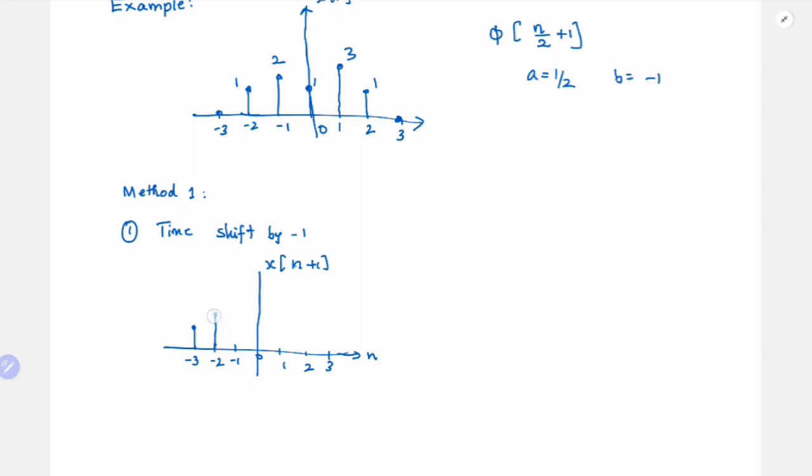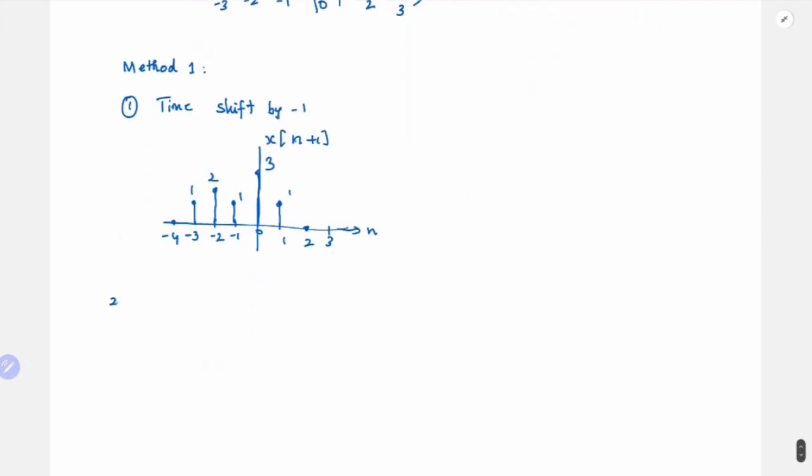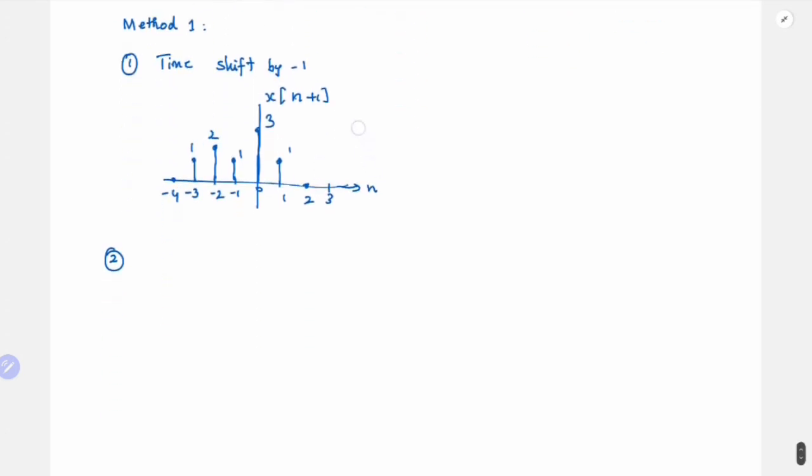So I have 1, 2, again 1, then 3, and then again 1, and then 0. So my second step is, I have to time scale by half.